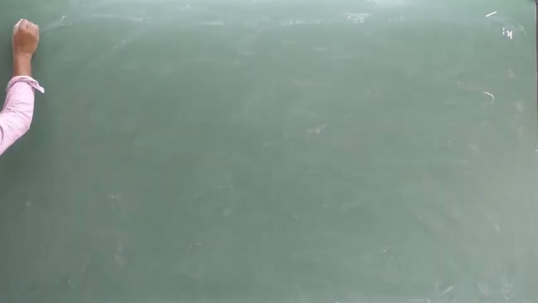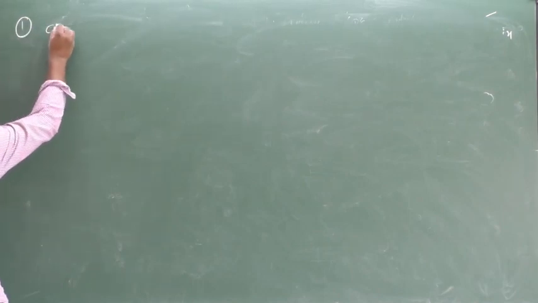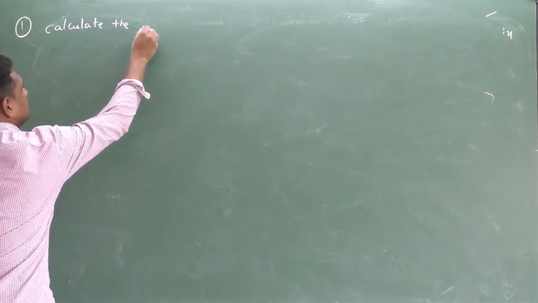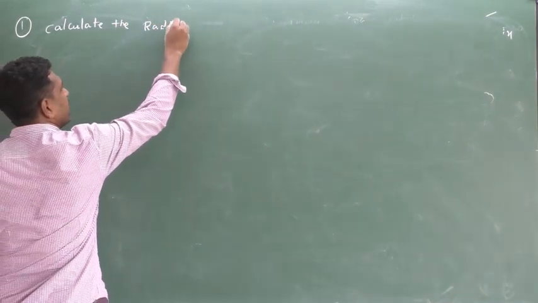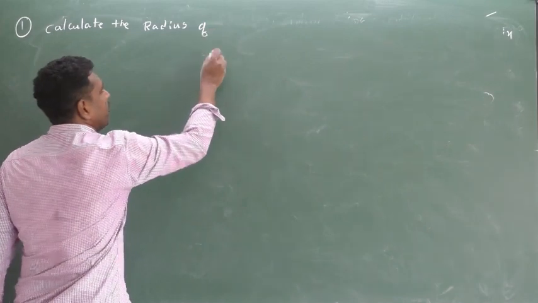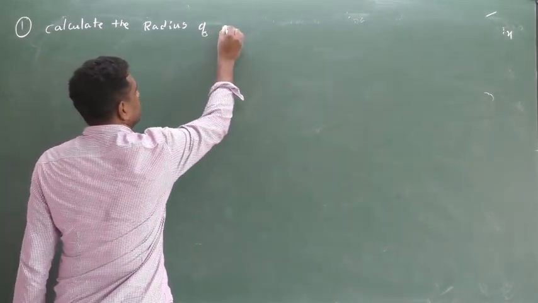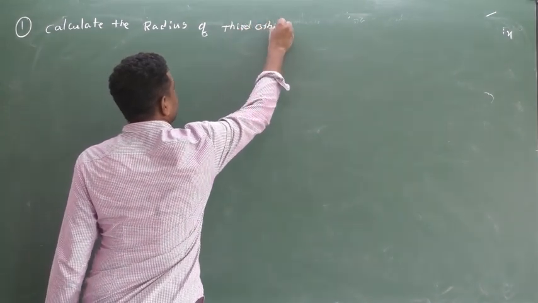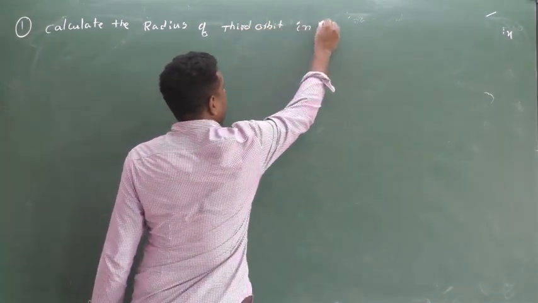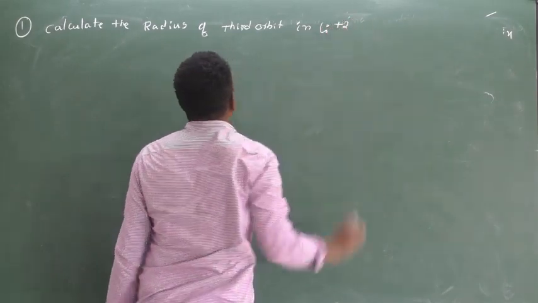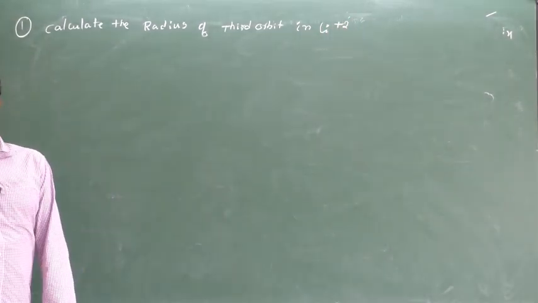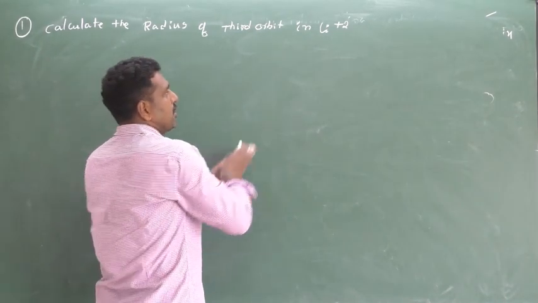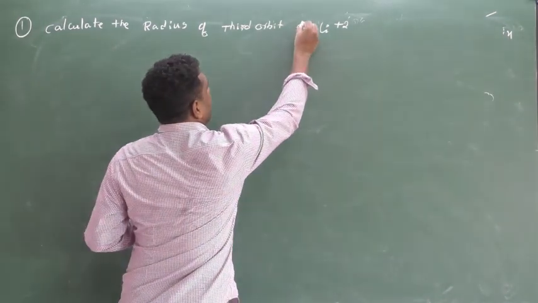First problem. Calculate the radius of third orbit in Li plus 2.